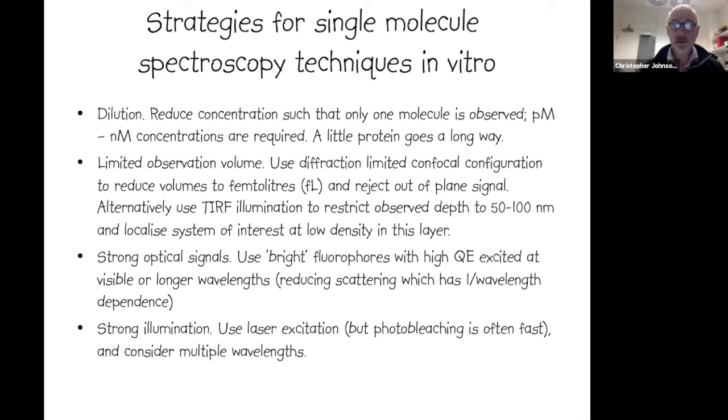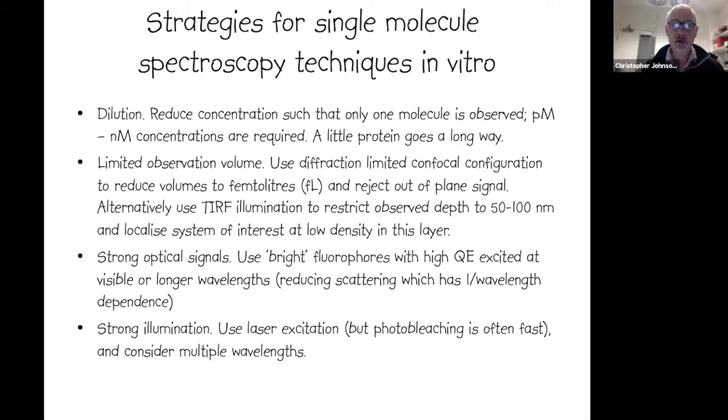We can also use TIRF illumination microscopy, and that restricts the observation depth to some 50 to 100 nanometers from the glass surface. We then would localize the system of interest at a low density in this layer.